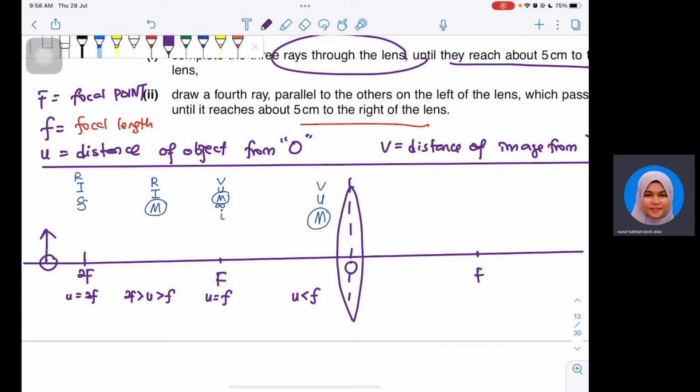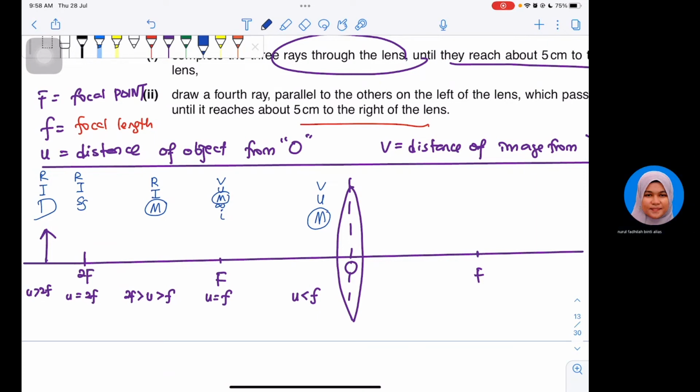Now U greater than 2F. So apa ciri image dia? Real, inverted, diminished. The further the object from the lens, the smaller the size of image. Boleh?